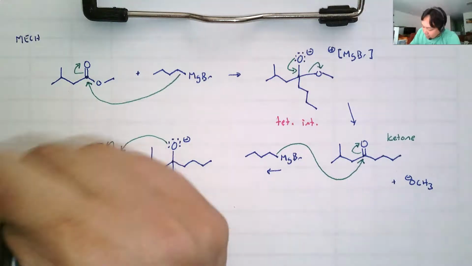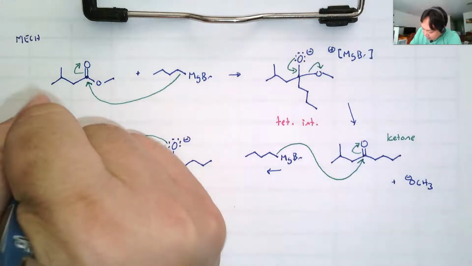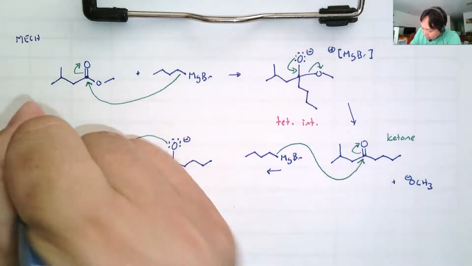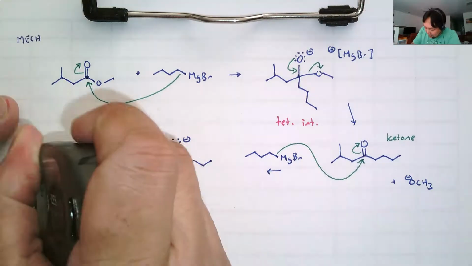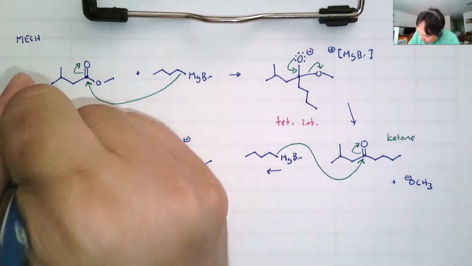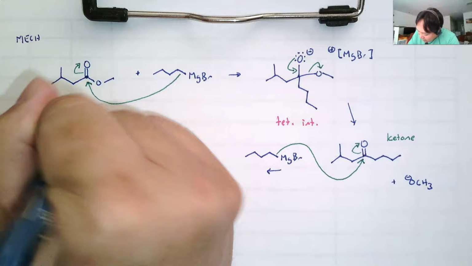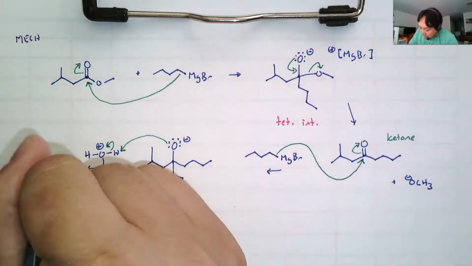Our final product looks like this, just like we had on the previous page. Man, messed up. Oh, sorry about that. And then two alkyl groups that are identical.